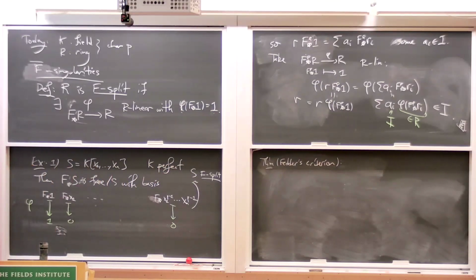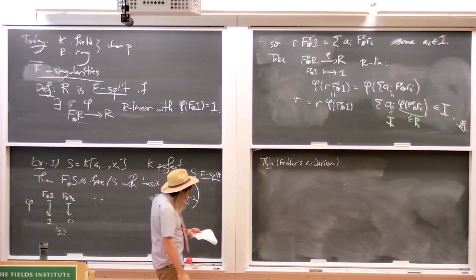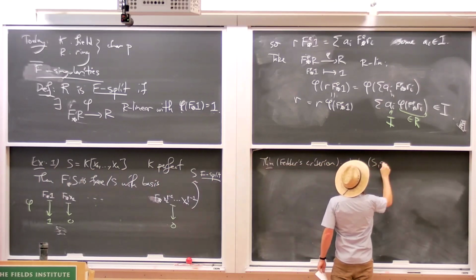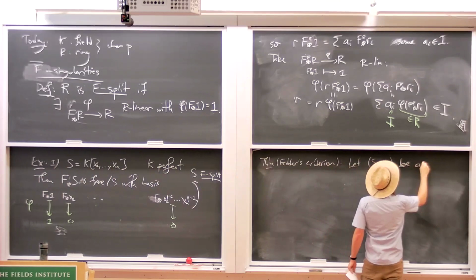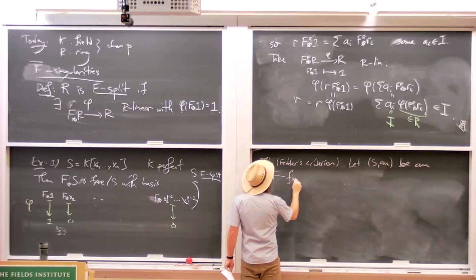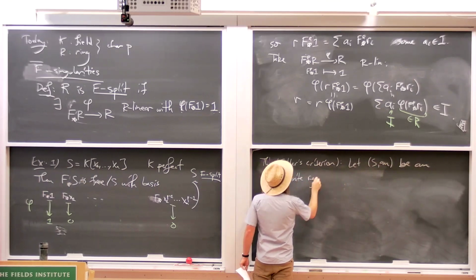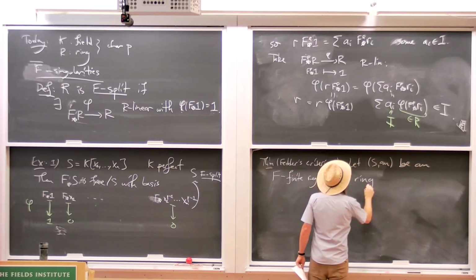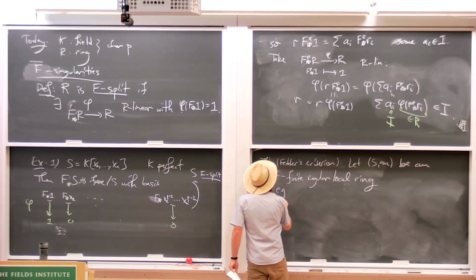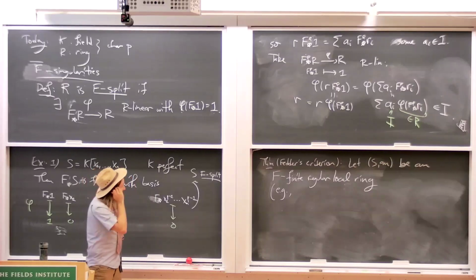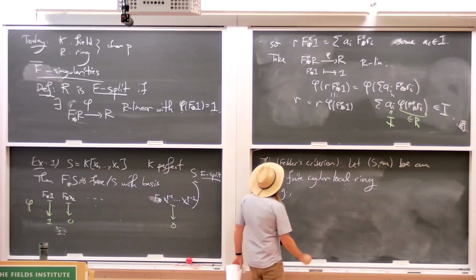It's nice to be able to tell if a ring is F-split, and there's a very useful criterion for this. So let's take an F-finite regular local ring, and let's also be concrete.